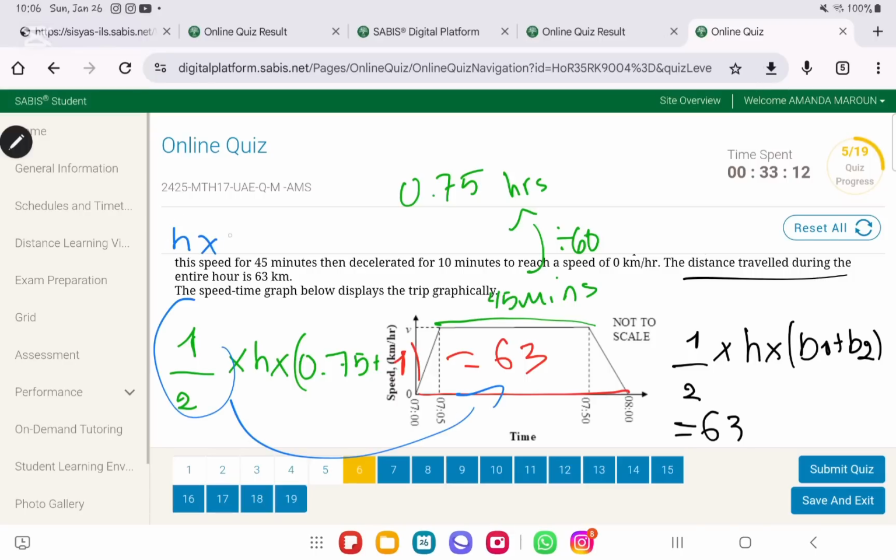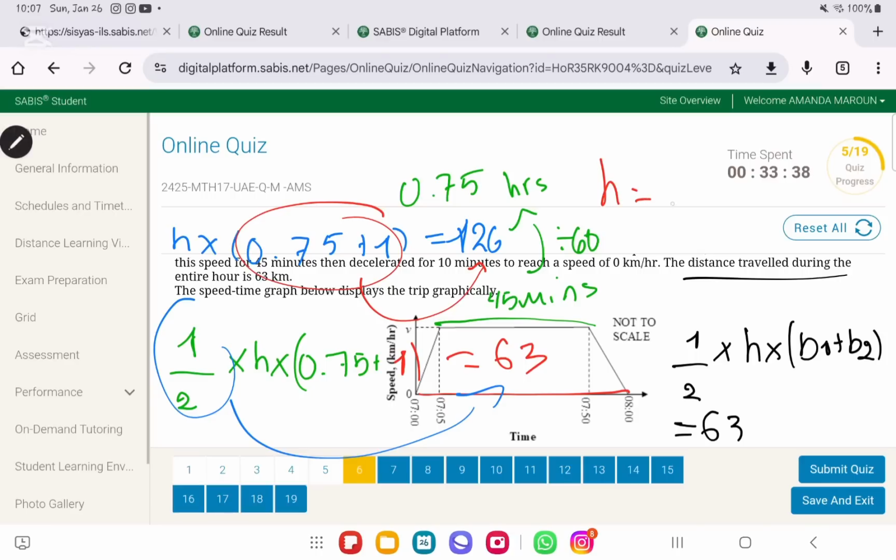We will get the height times 0.75 plus 1 is equal to 63 times 2, and 63 times 2 is then 126. Okay, and then we are going to divide 126 by the bases. So 0.75 plus 1 is 1.75.